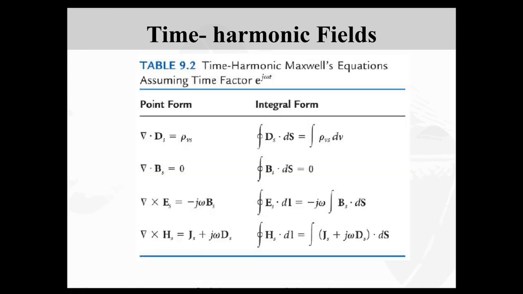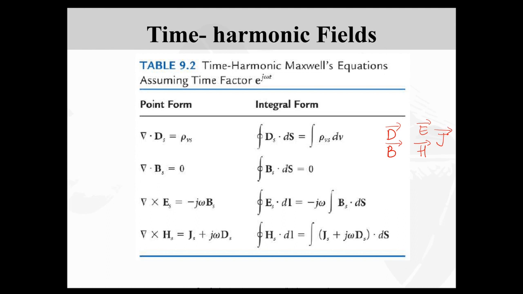So we will see how the introduction of phasors has led to a change in Maxwell's equations. Wherever we are making use of the vectors for electric flux density, magnetic flux density, electric field intensity, magnetic field intensity, and one more vector called conduction current density, they will be replaced with their phasors.